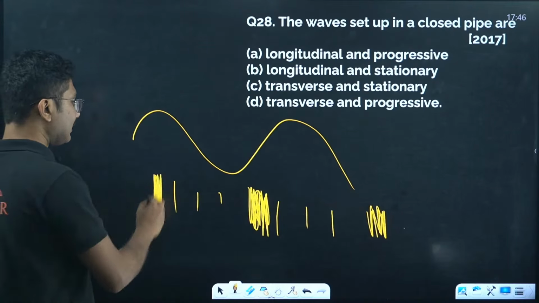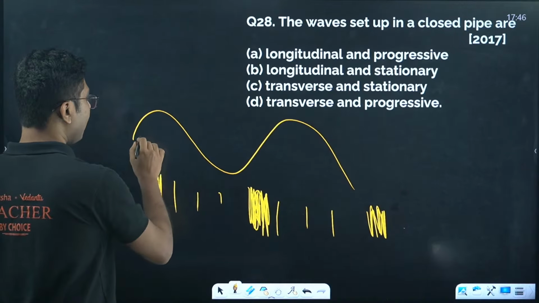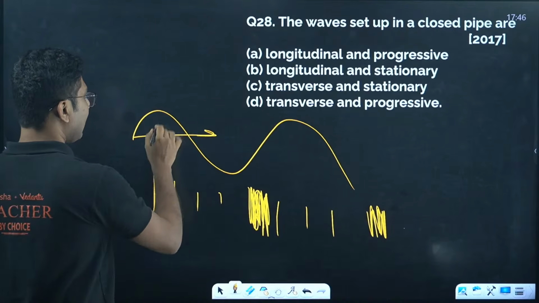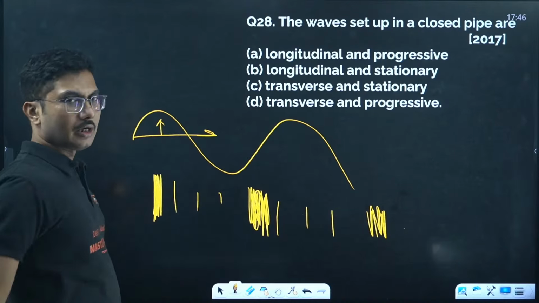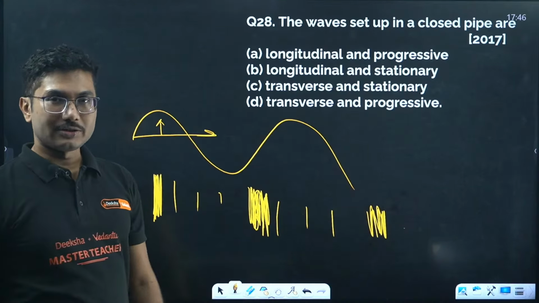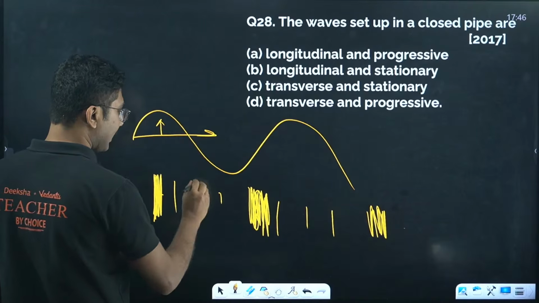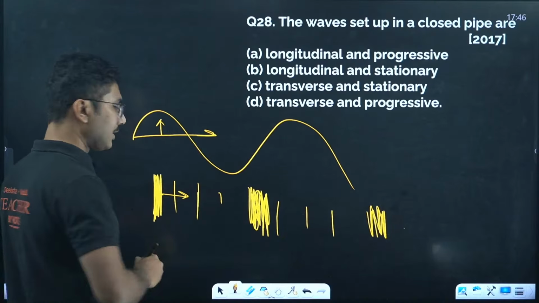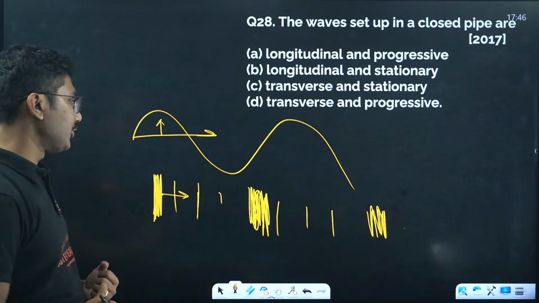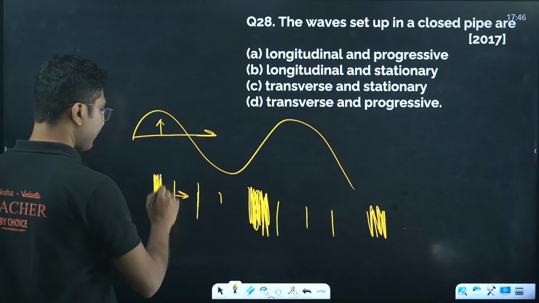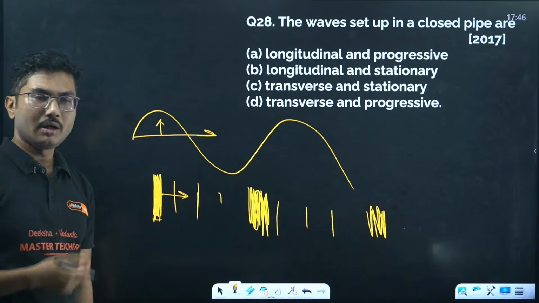If the particles are vibrating in the perpendicular direction to the wave motion, then it is called transverse. But if the particles are vibrating in the same direction as the wave progression, then it is called longitudinal. For example, a sound wave is a longitudinal wave.